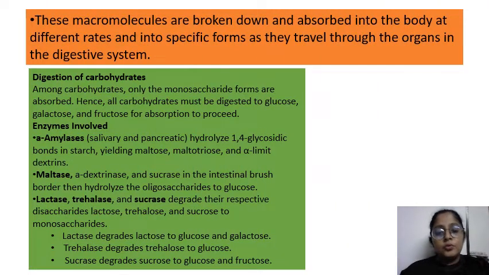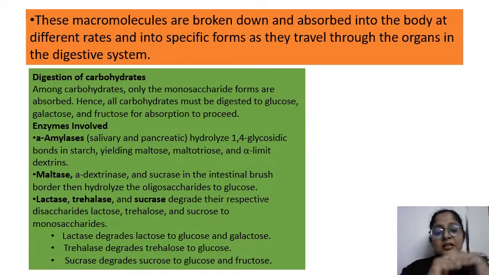Now coming to the enzymes involved in the digestion of carbohydrate. Basically we have to break these macromolecules into micromolecules, which travel through our digestive system and at last are absorbed into our bloodstream. In any form, you have to convert it into glucose, galactose and fructose, or monosaccharides, for absorption.